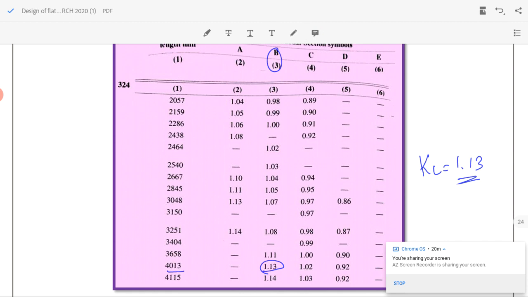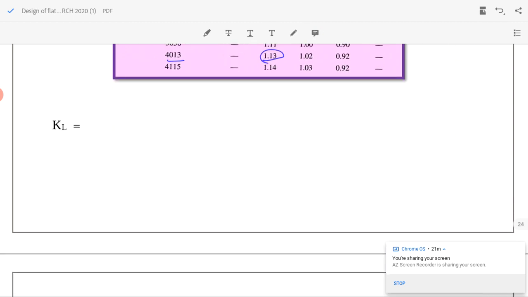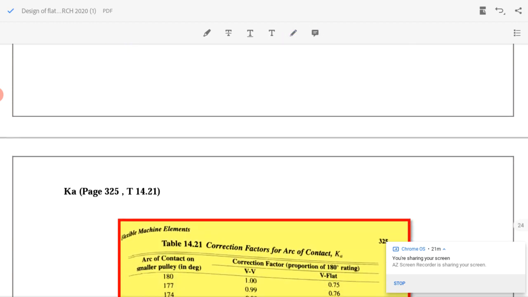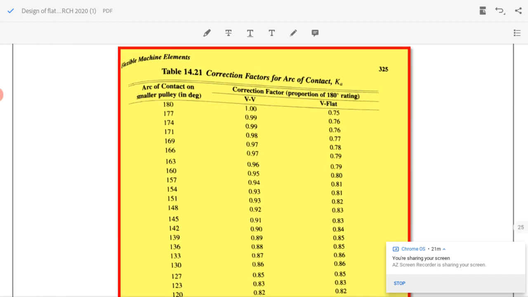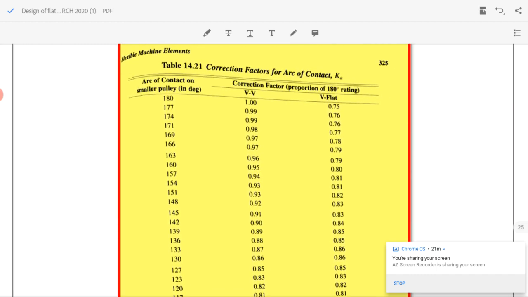Now the only remaining term is the value of Ka. For arc of contact, I have this table in which the arc of contact for the smaller pulley is given in degrees.